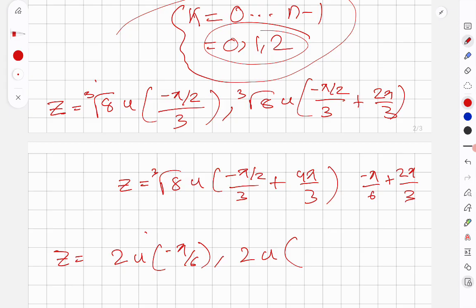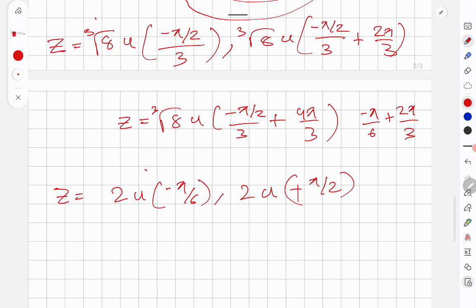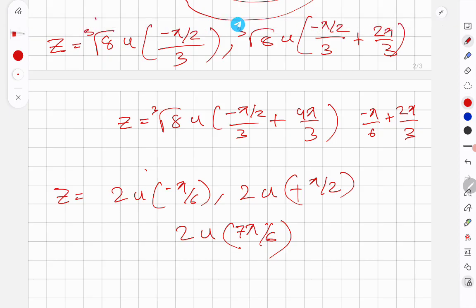So if you simplify them, you will reach positive pi by 2, and the other one will be 2 u 7 pi by 6. Got it? Yes. So this is the solution in trigonometric form.